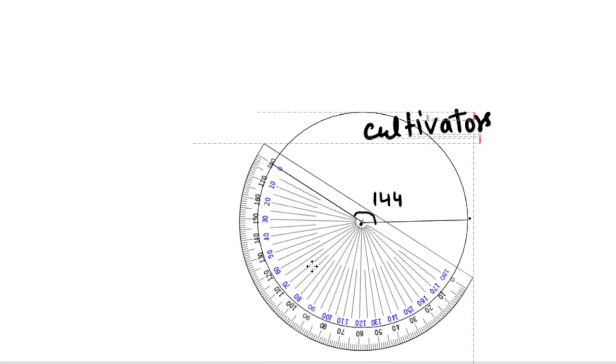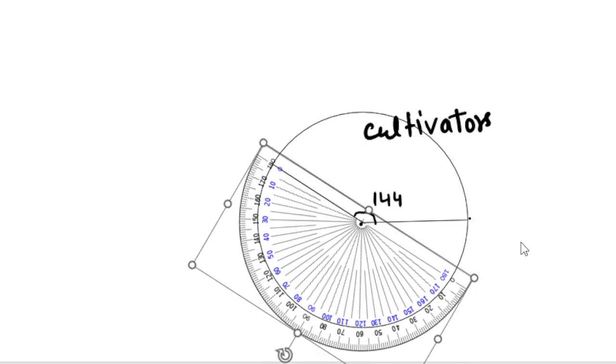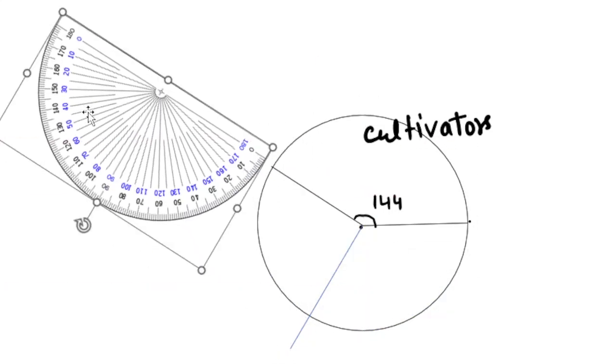Okay, yes, here I need to draw 90 degree. Now from this point you can see it is 0, 10, 20, 30, 40, 50, 60, 70, 80, 90. So this is 90, right?